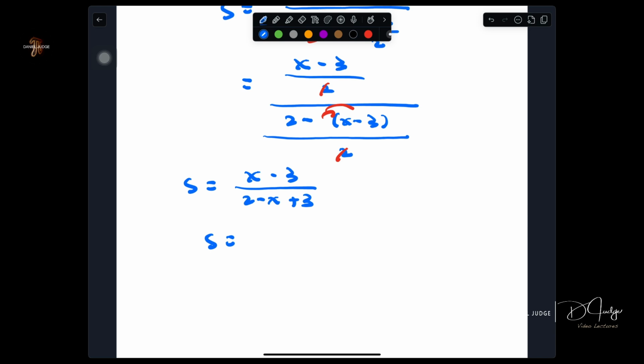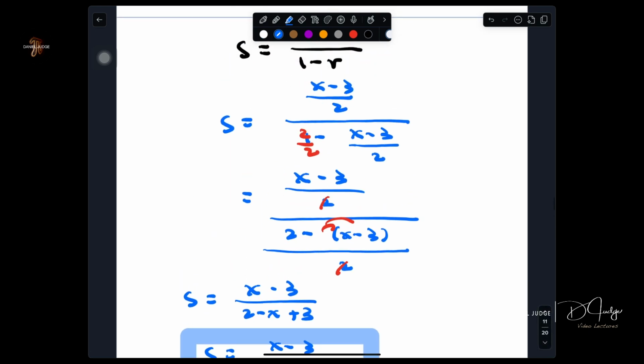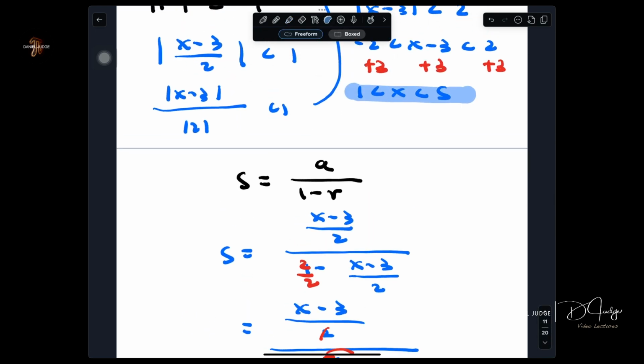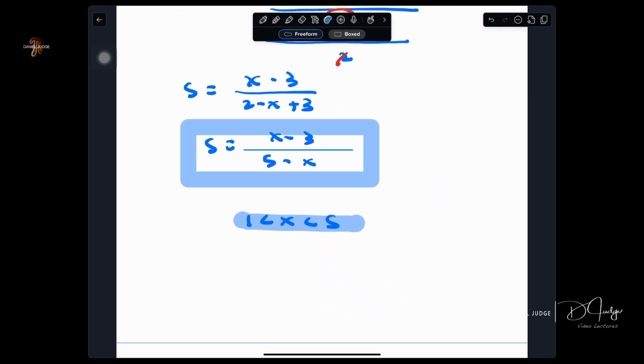So your sum will be x minus 3 over 5 minus x. So we're going to get convergence to this particular sum depending on the values of x, where x needs to be between 1 and 5.